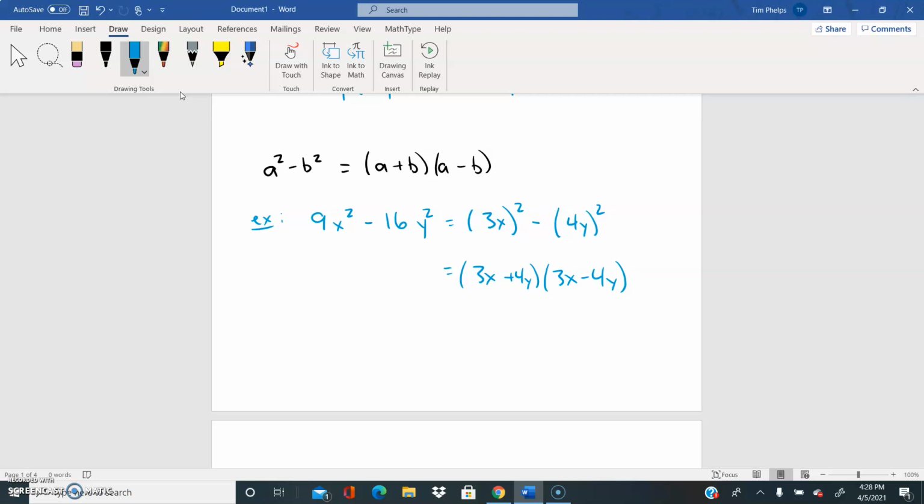So that's using a difference of 2 squares. If it's a sum of 2 squares, like a squared plus b squared, that's prime. If I can take out a common term, I take that out, but other than that, I can't factor it any further. It has to be a difference of 2 squares.